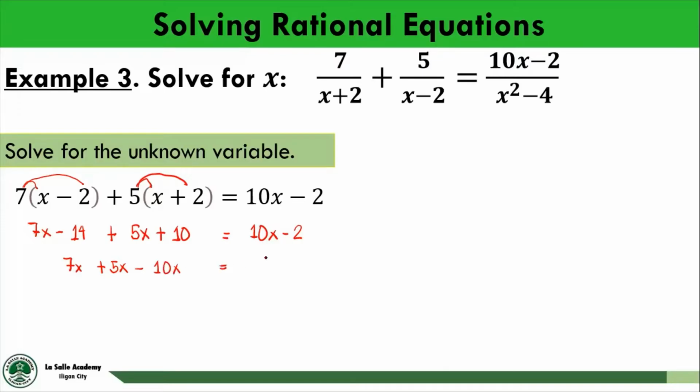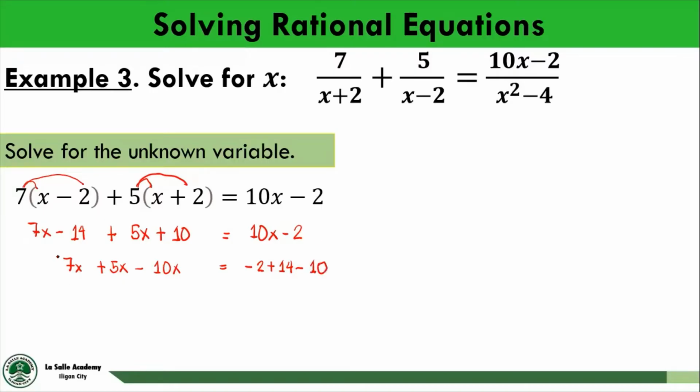And then for the numbers, we have negative 2, and then we transpose negative 14 to the right side, so it becomes positive 14, and then we also have negative 10.